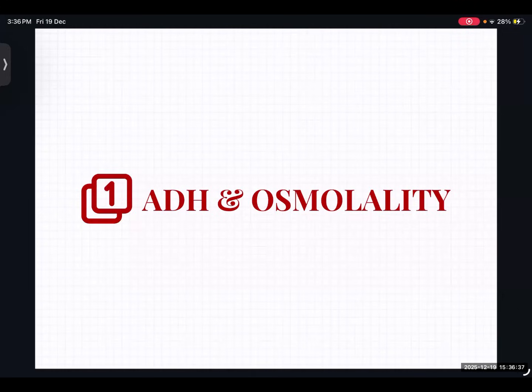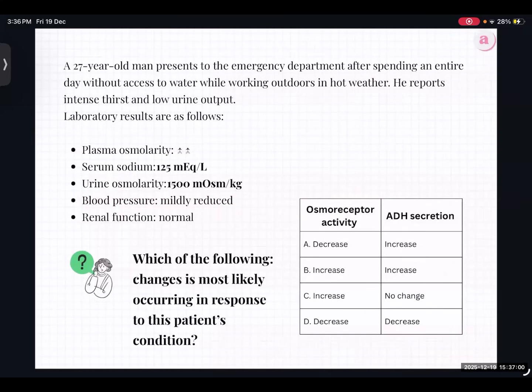For my part, we're going to be discussing P7 to P13. I've divided them across different categories, and the first pile of questions is going to target ADH and osmolality. Okay, so the first question is a multi-question case.